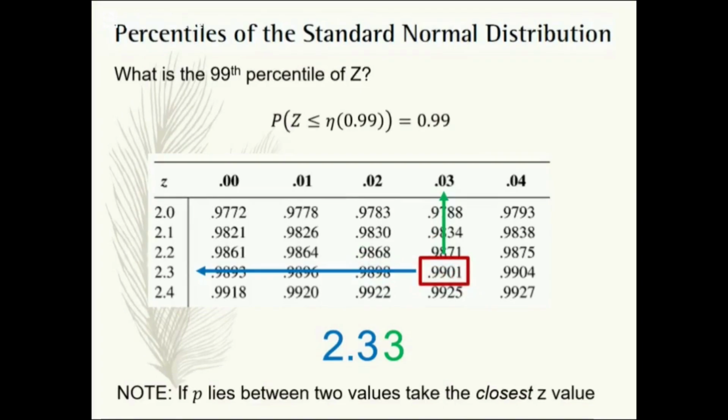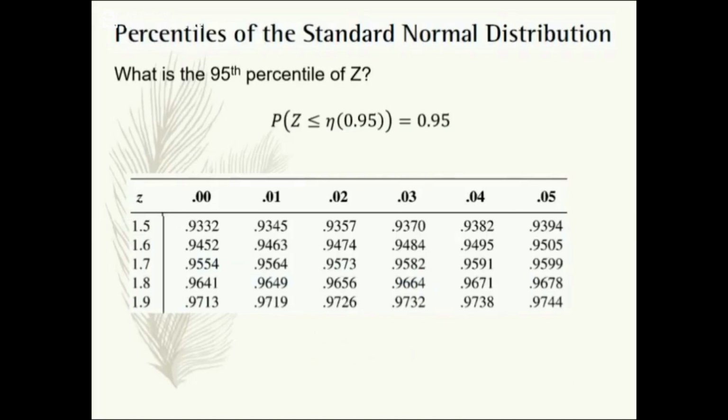You're probably wondering, what if you get a value of p that lies perfectly in between two values? Well, even if you're not wondering, I'm going to show you. The 95th percentile is one of those special cases where if you look for p equal to 0.95 in the table, it's going to lie between two values, right in the middle. So this is where 0.95 would be.